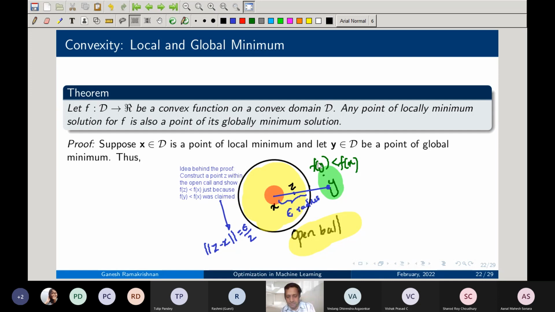So you're saying there's a y with f of y less than f of x, y is outside the ball somewhere else, it's not a local minimum, fine, but I'm giving you a z which is within the ball, and I'm contradicting your original point that x was a point of local minimum. All of us know that local minimum means there's a ball of radius epsilon around x, right? So this can be treated as a proof by contradiction.